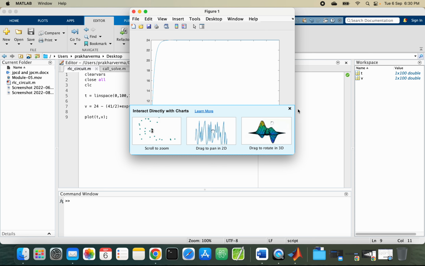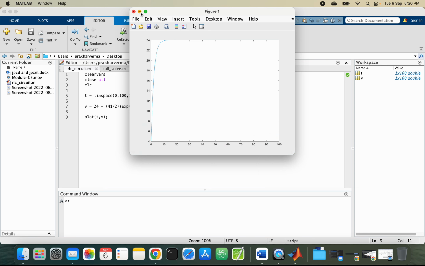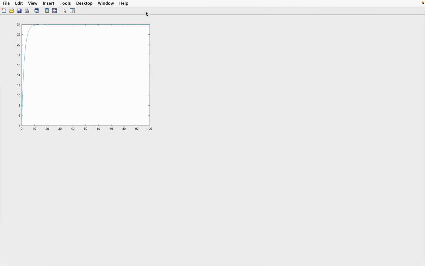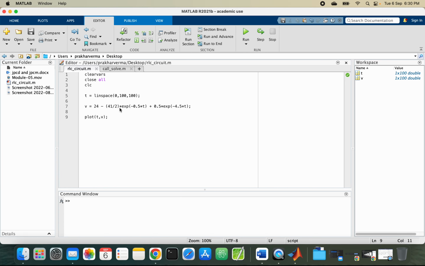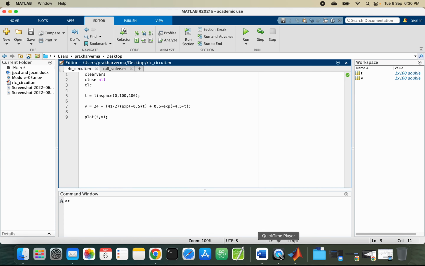So this is how our plot looks like. At time equals to 0, the voltage was 4 volts. Okay, so we had already seen the voltage here.